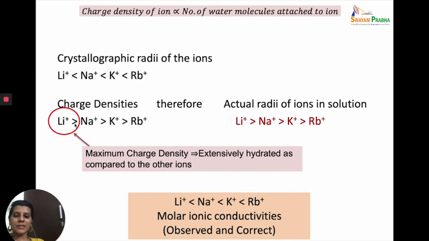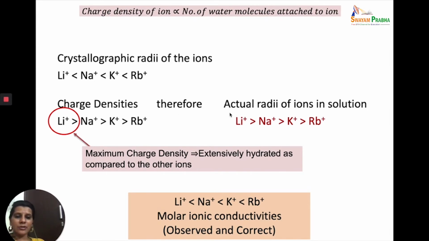Therefore charge density would be in the order Li+ more than Na+ more than K+ more than Rb+, because size was smallest for lithium but the charge was the same for all the ions. So charge density is maximum for lithium. Because the charge density is maximum for lithium, it's most hydrated as compared to the other ions. The hydration will decrease as we go down the group.